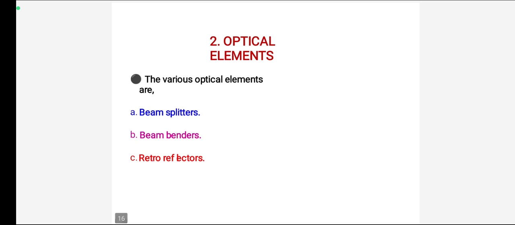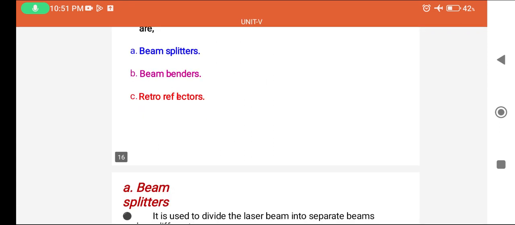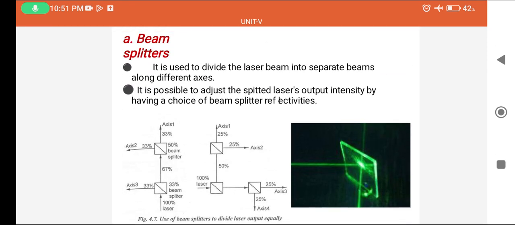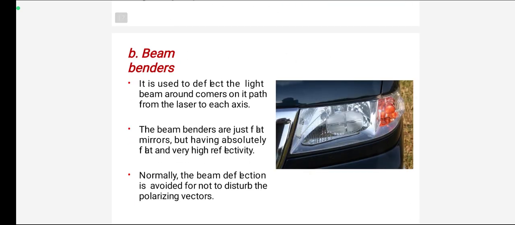So next one, optical elements. These are the beam splitter, beam benders and retro reflectors. The beam splitter is used to divide the laser beam into separate beams along different axes. It is possible to adjust the beam splitter output intensity by having a choice of beam splitter reflectivities. The beam benders are used to reflect the light beam around corners on its path from the laser to each axis.